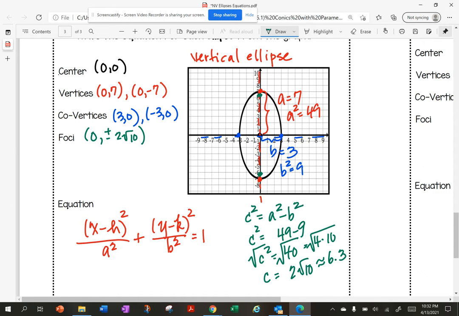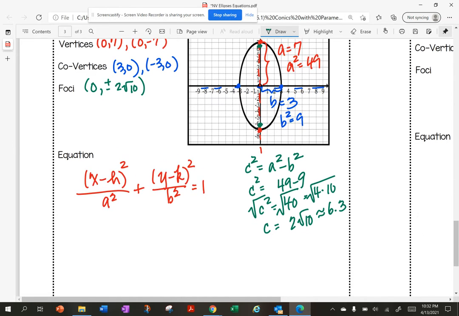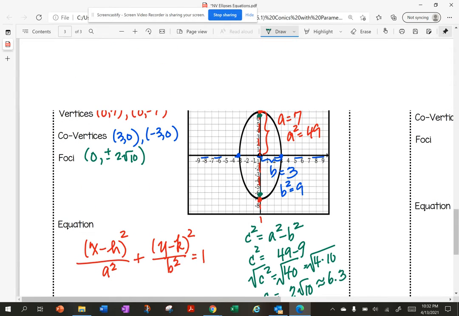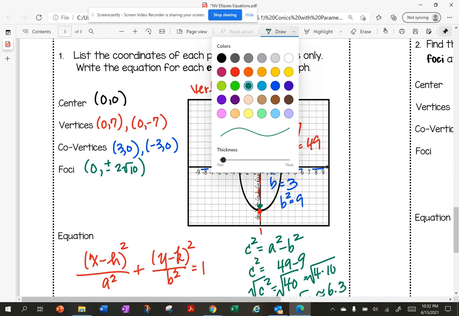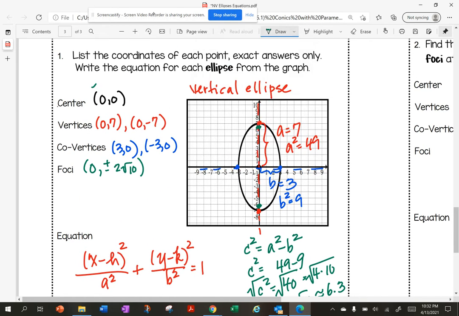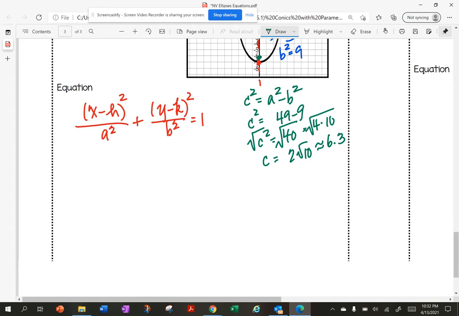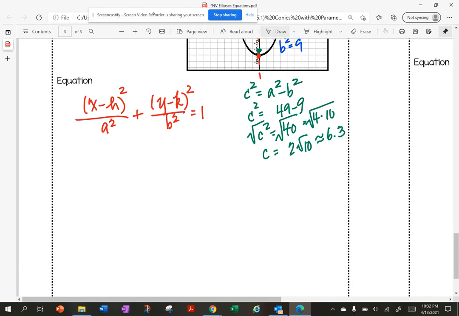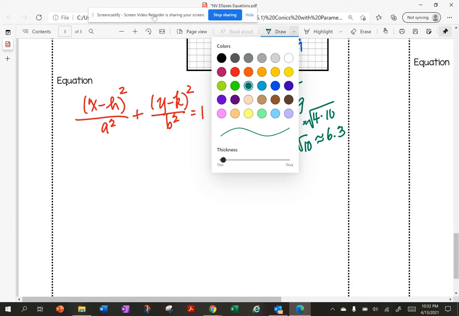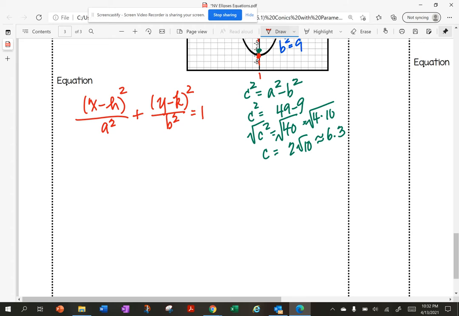Okay, I think I have everything now, so I can substitute into my equation. So h and k are 0 and 0. I don't usually write plus or minus 0. So substituting into my equation, I have x squared divided by 9.